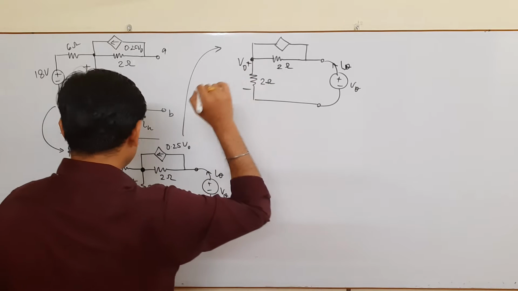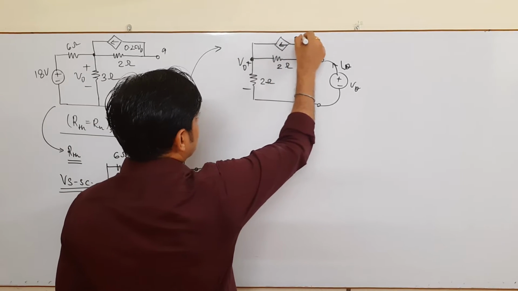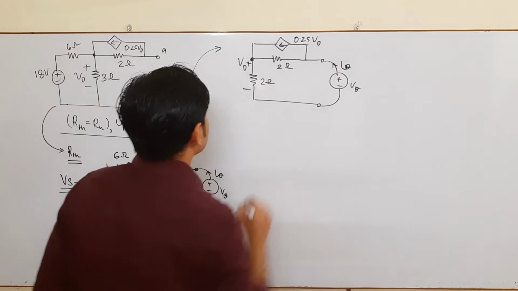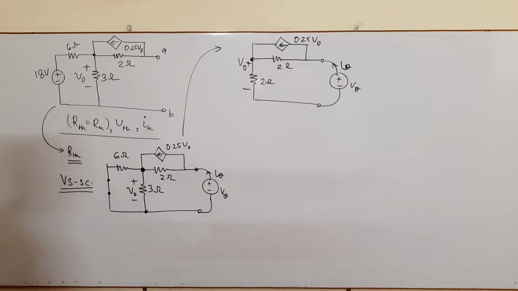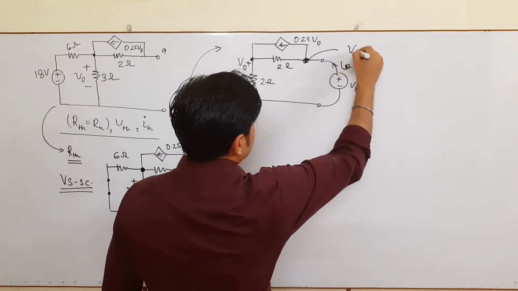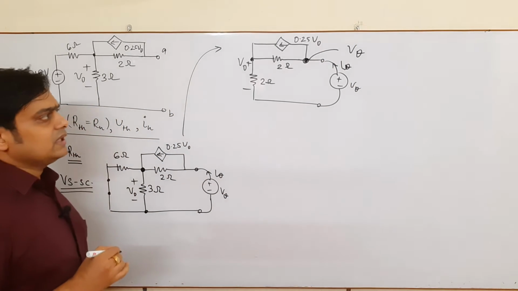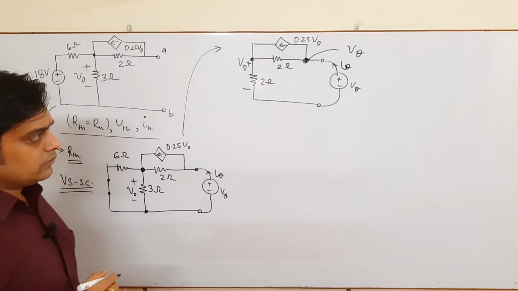Here is your current source, 0.25 V naught. Now can you find the value of V theta by I theta? This voltage is V theta. Either you can apply KCL or you can apply KVL. One can easily solve for the value.